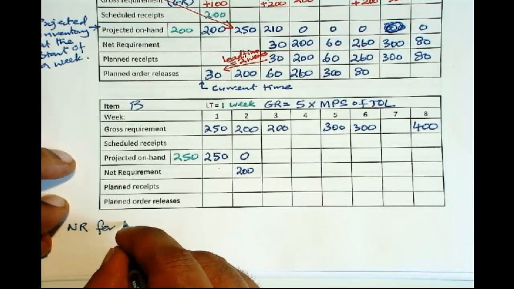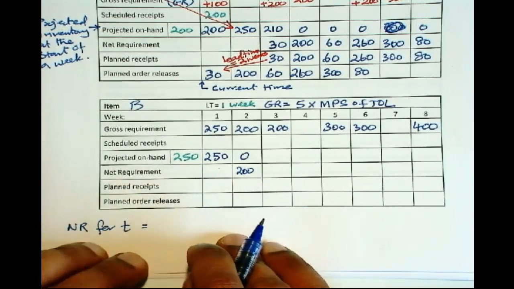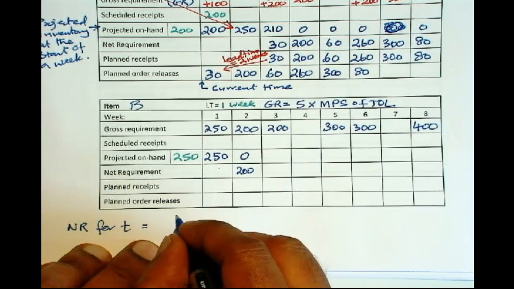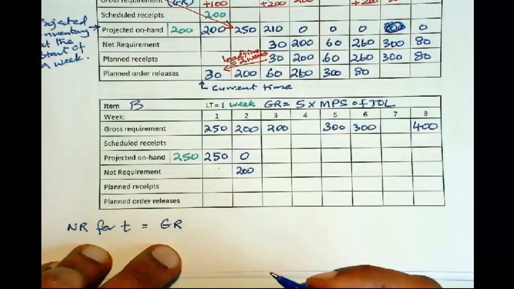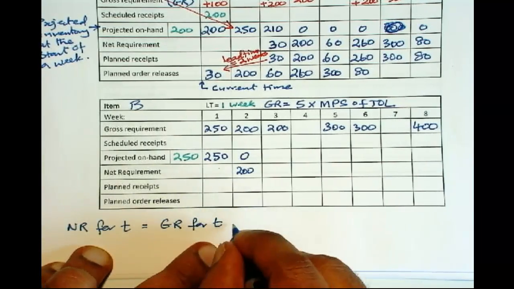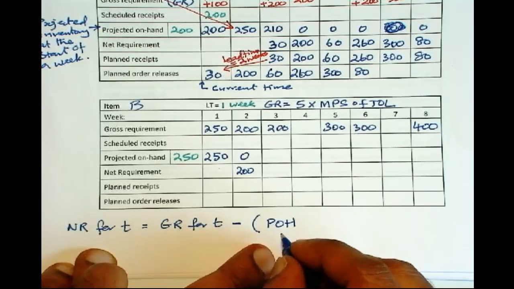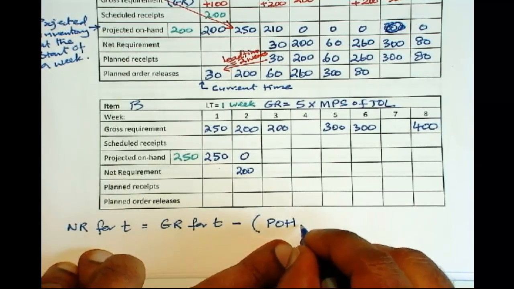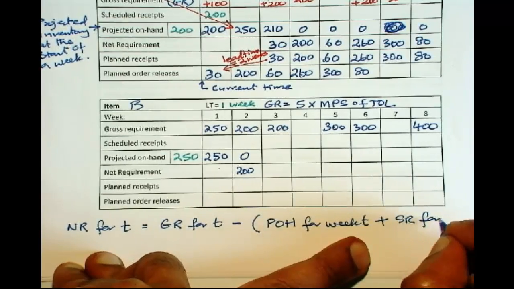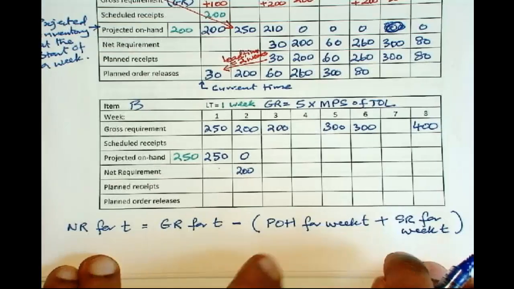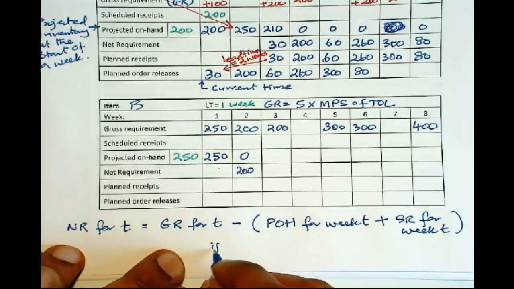NR for T is gross requirement for T minus the sum of projected on hand for week T plus scheduled receipt for week T, if this is positive.